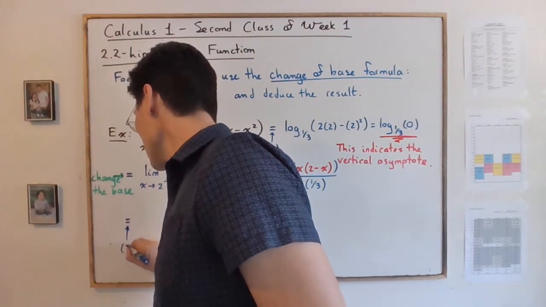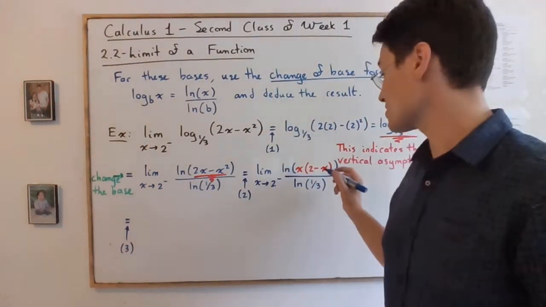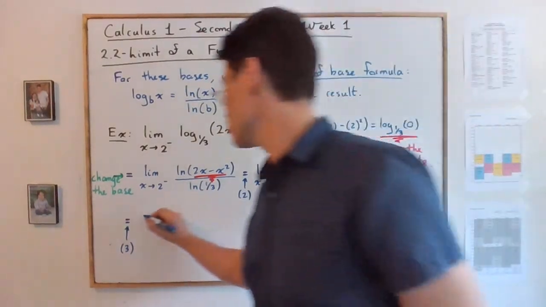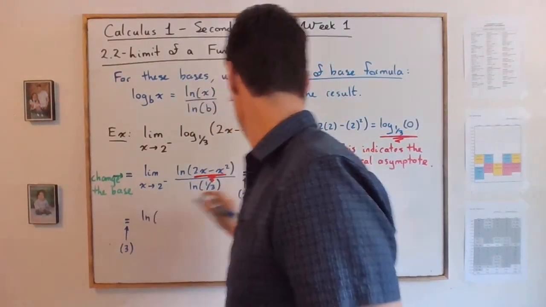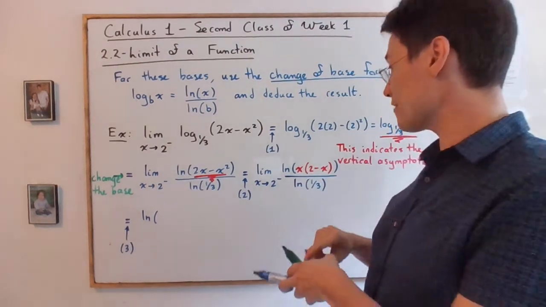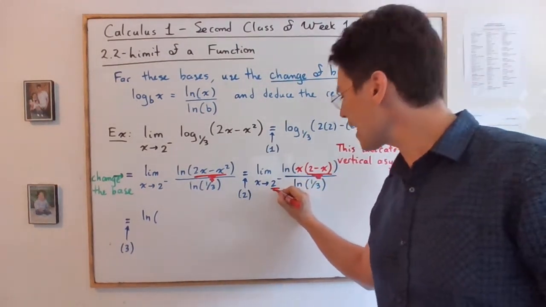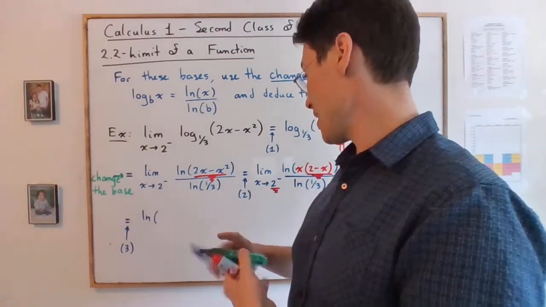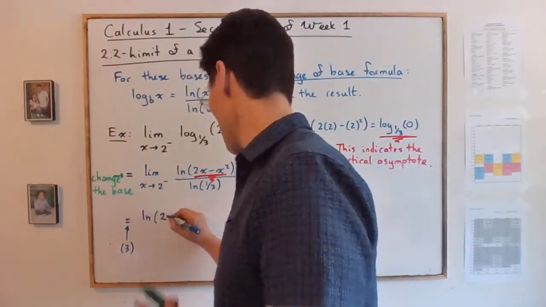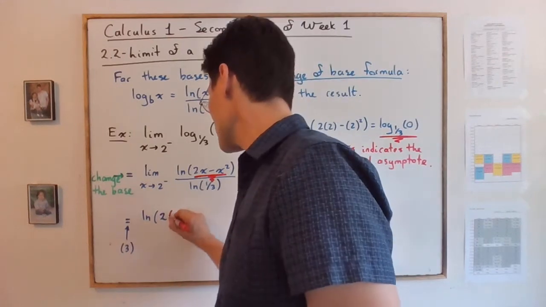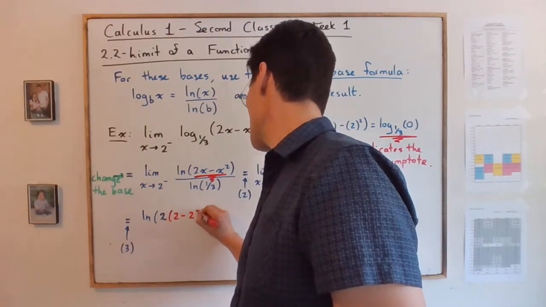At this point, step number 3 will be the exact same thing. So in other words, we're going to replace x with 2 everywhere, except for that one factor where we're going to replace it with 2 minus.